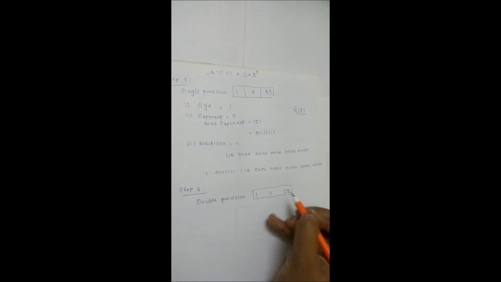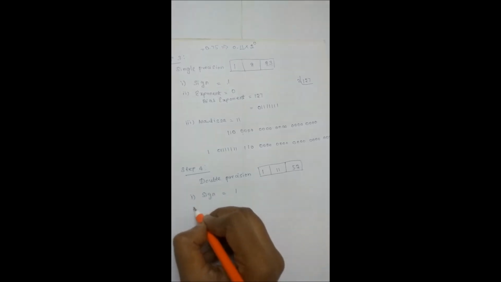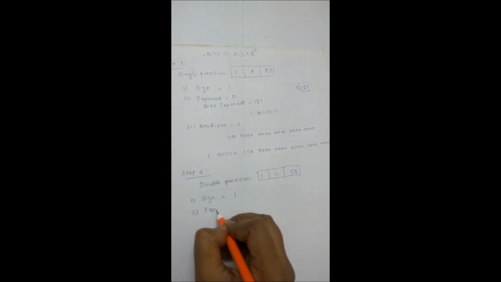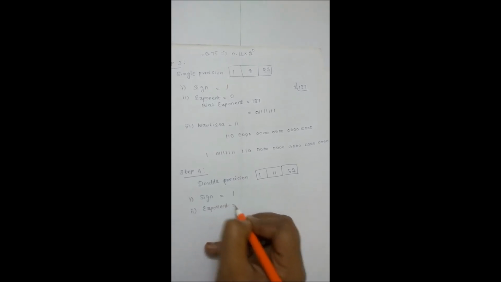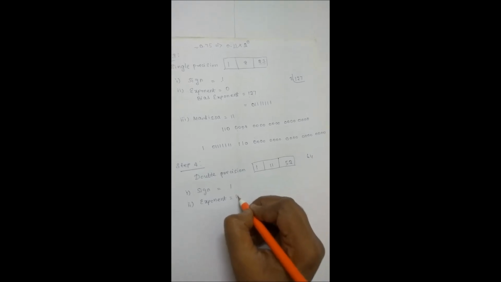Again we calculate the sign bit, which is equal to 1. For the exponent, for single precision, the 32-bit format, the bias value is 127, and for double precision, the 64-bit format, the value will be 1023.